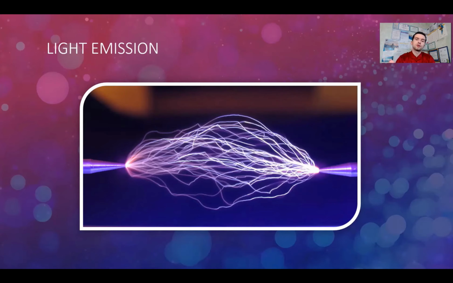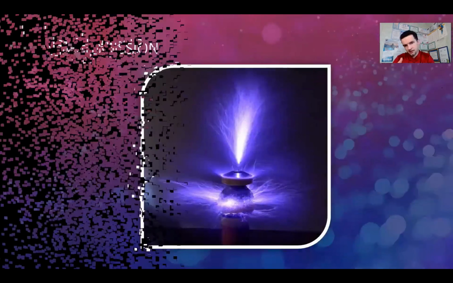And also we see this beautiful light emission. This light emission is not of the material itself, it's more of the air. And we are photographing this light emission, and we get these beautiful photos.